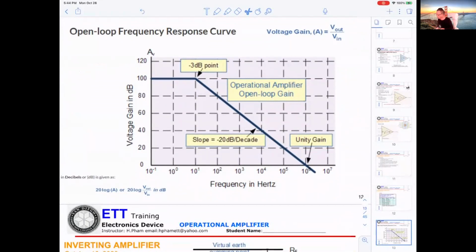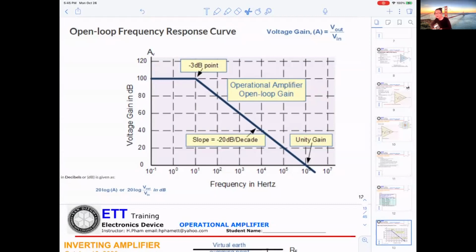And if you look into that, you can get the minus 3 dB point. You understand the minus 3 dB point? That means the critical frequency, or stop frequency.